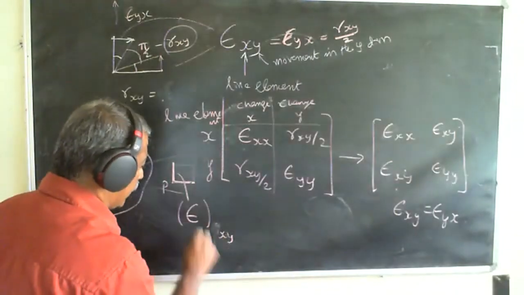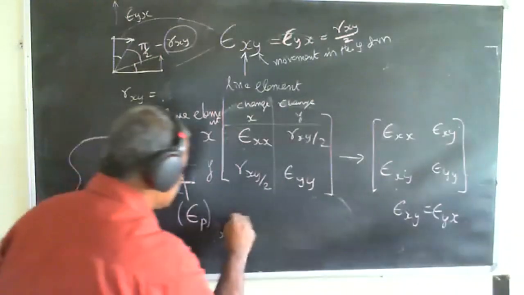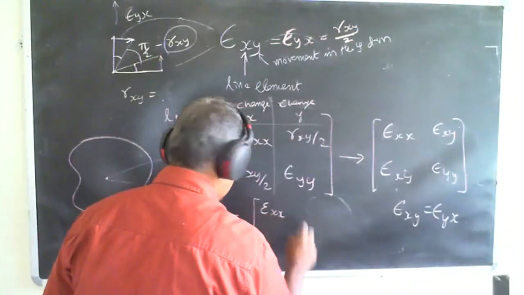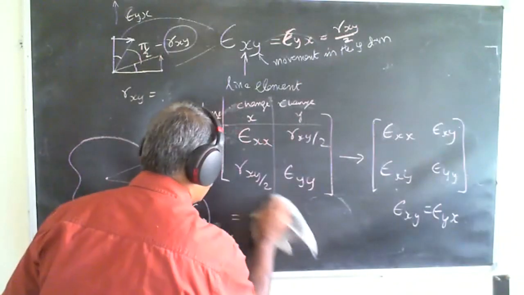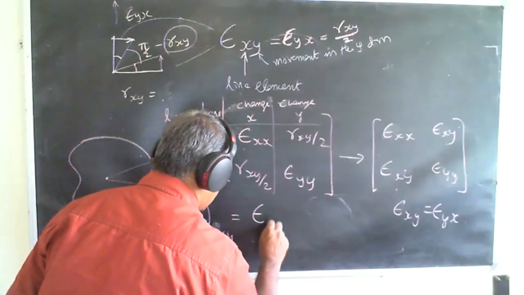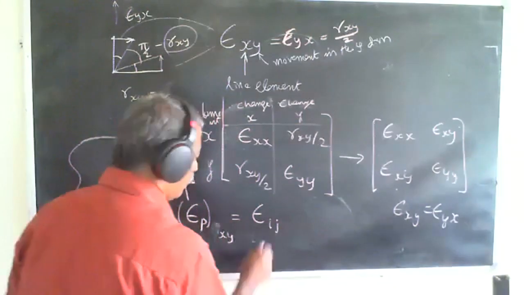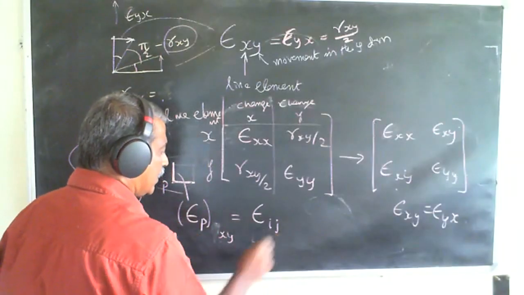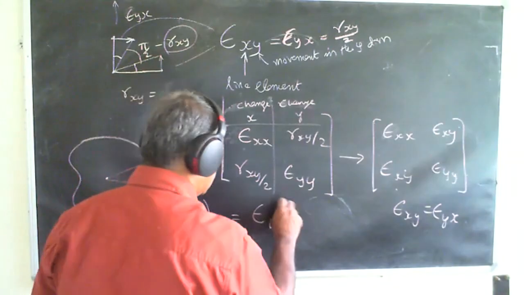I'll put P inside, and this is nothing but epsilon XX. So I can now write this as epsilon IJ, where I is X or Y, J is X or Y. This is in a matrix form.